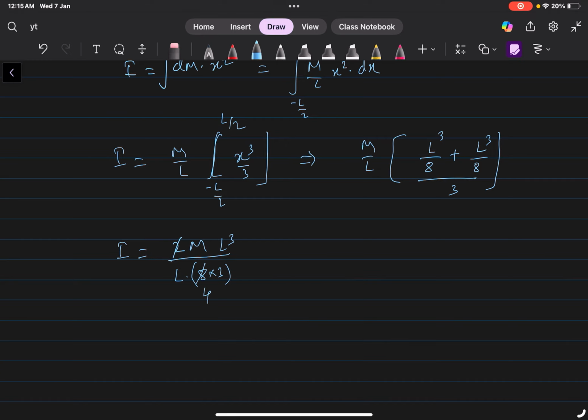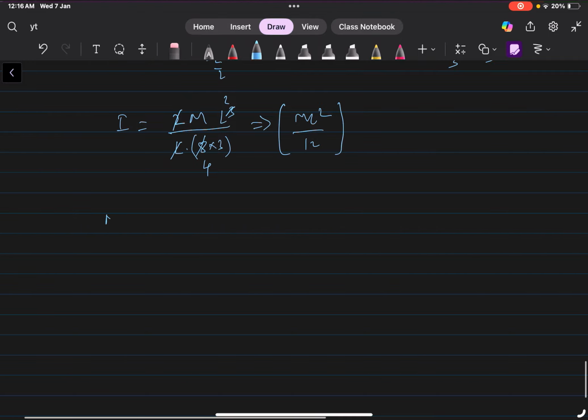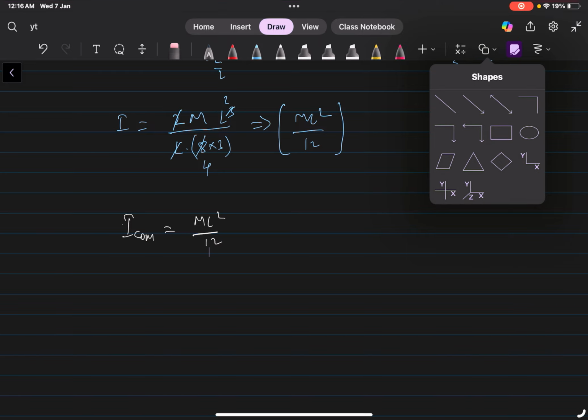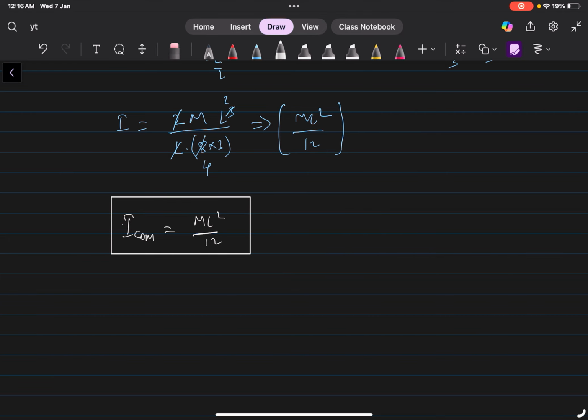The 4 cancels out and l cancels, giving m l square by 12. So the moment of inertia of a rod about its center of mass is m l square by 12. This is a very important formula, because many times it is asked.